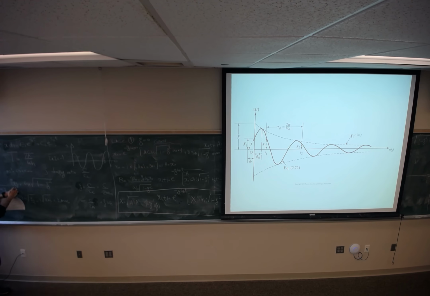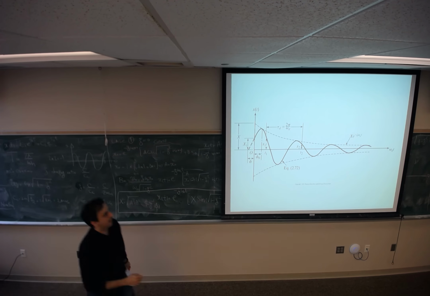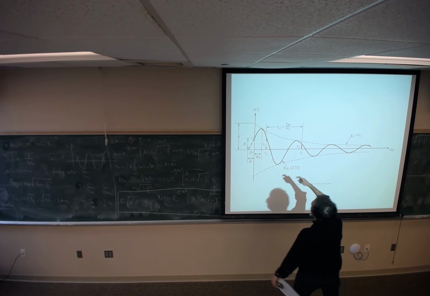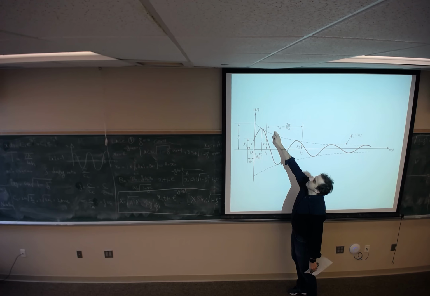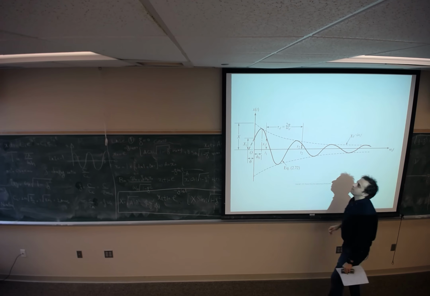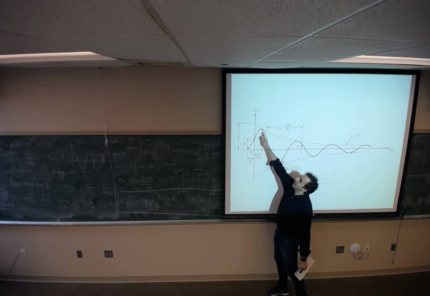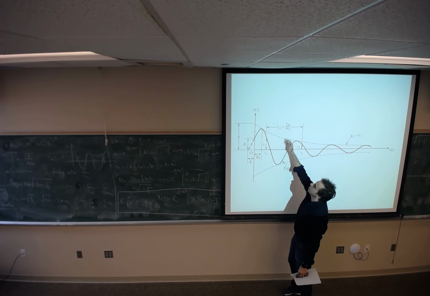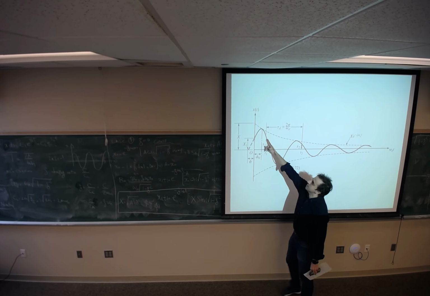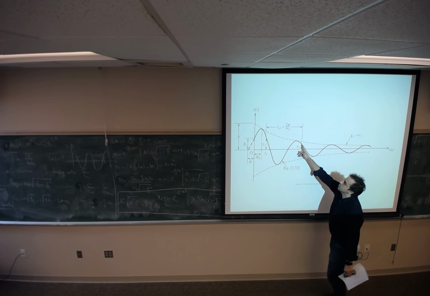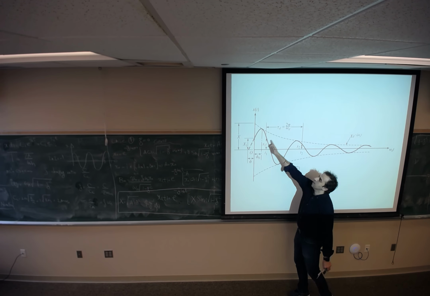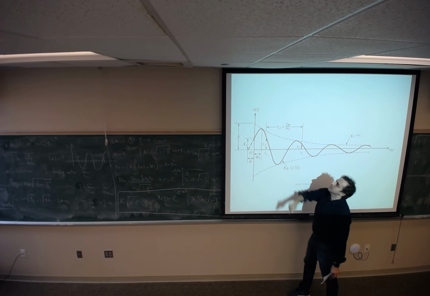It's a function of omega n and zeta. And if you have omega d, you can find the period of oscillation for damping system. It's the time between 2 peaks or 2 same points. For example, this point and this point are the same, so the time difference between these two is going to be Td.